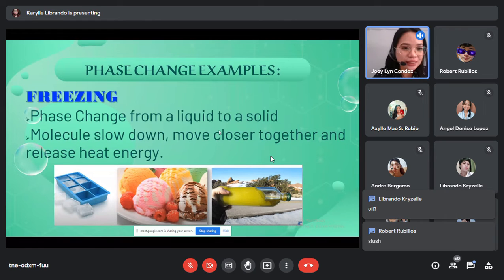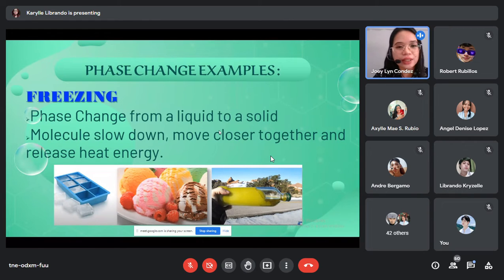So the last picture, that's an oil. In some other countries, they have a very cold climate, so some of their substances freeze, just like this oil. It's a frozen oil. It froze because of the very cold climate they have.